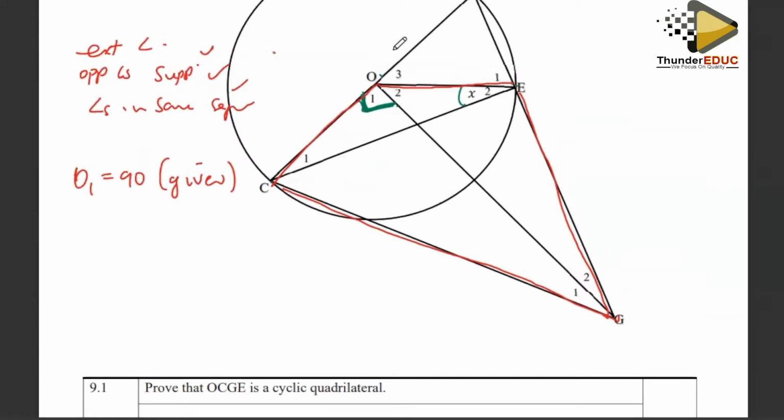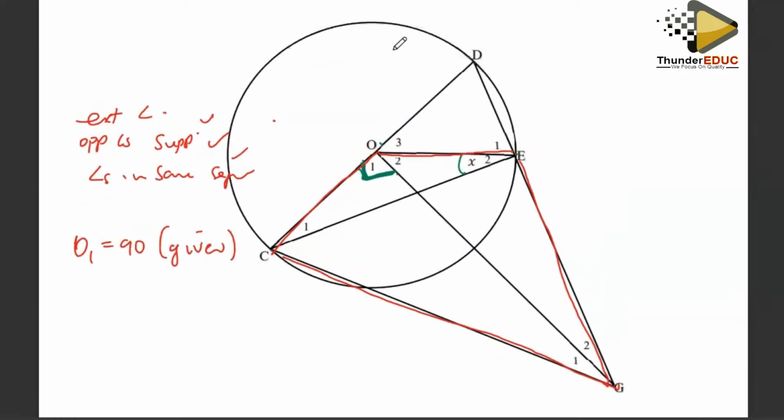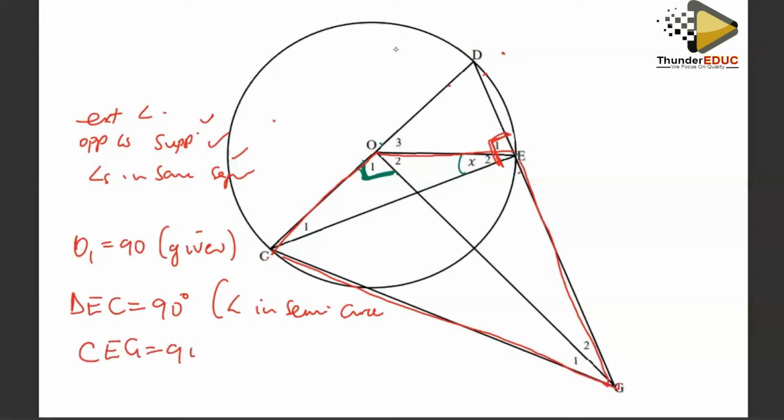If O1 is a 90, we know that DEC is also a 90, angle in a semicircle. So the whole of this is a 90 because this is a diameter. And if that is a 90, then CEG will also be a 90, this one.